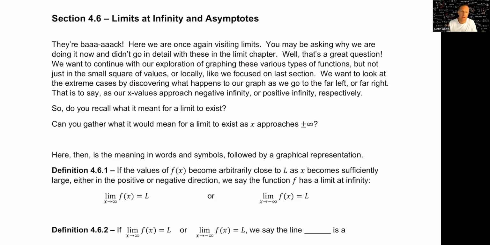So hopefully you remember that when we were talking about limits existing, it had to approach the same number from both sides. For a limit to exist as we approach positive or negative infinity, that would then mean that we are approaching from both sides when we go to the farthest right or the farthest left.